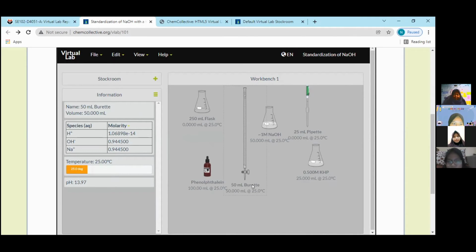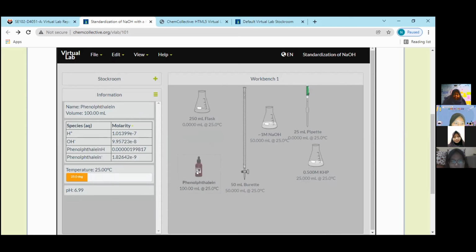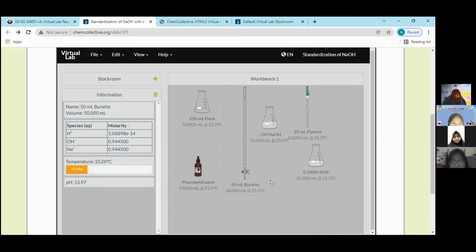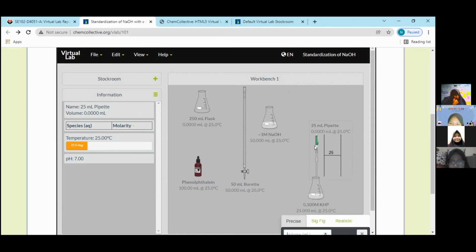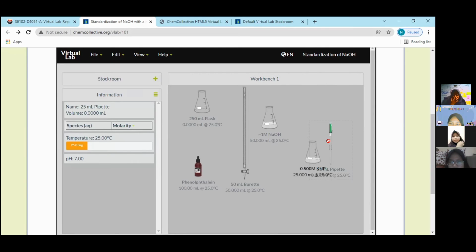After we pour the NaOH, we need to pour 10 milliliters of KHP into the 250 milliliter flask. We use a pipette to transfer it.